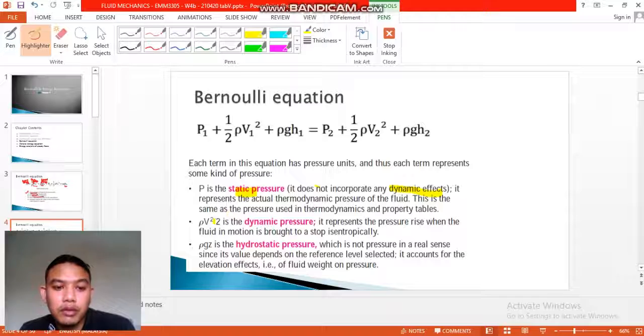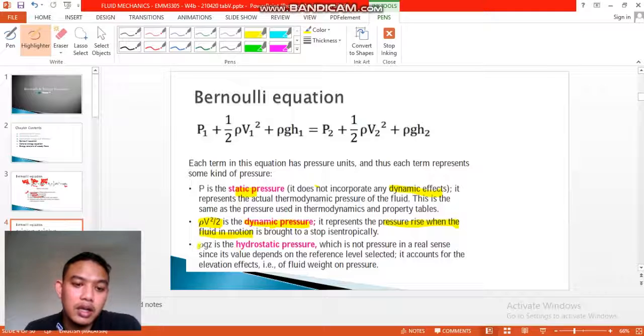Second is rho V squared over 2, which is our kinetic energy, the dynamic pressure. Dynamic pressure is the pressure rise when the fluid is in motion, when there is a movement of fluid. Then the last one, our potential energy, rho g z or rho g h, is the hydrostatic pressure.